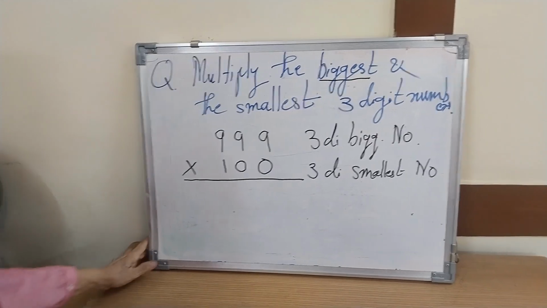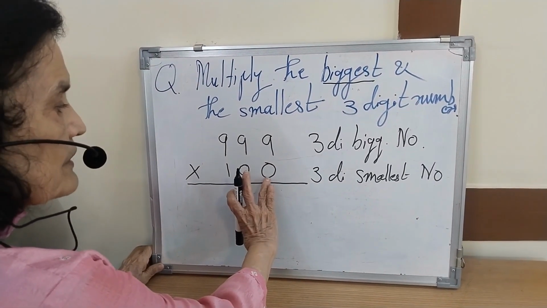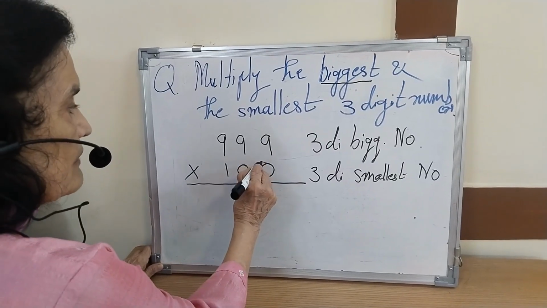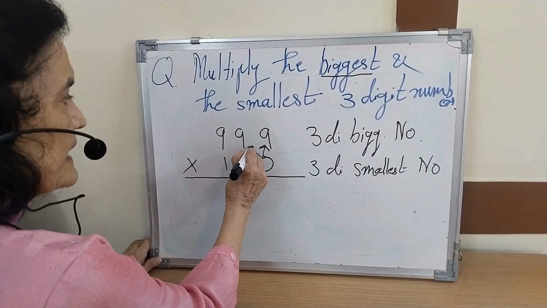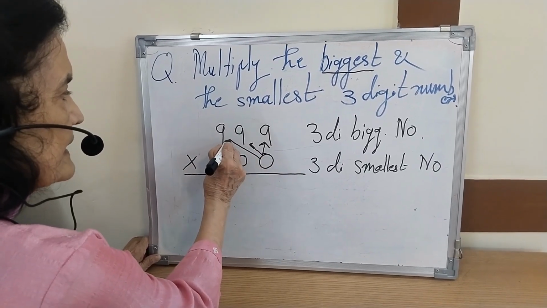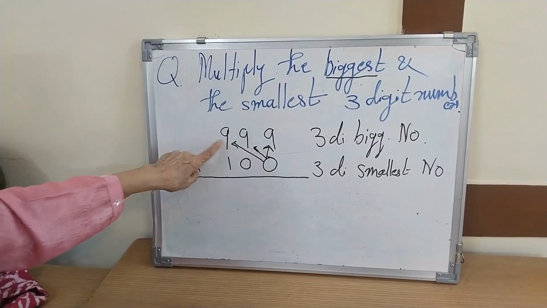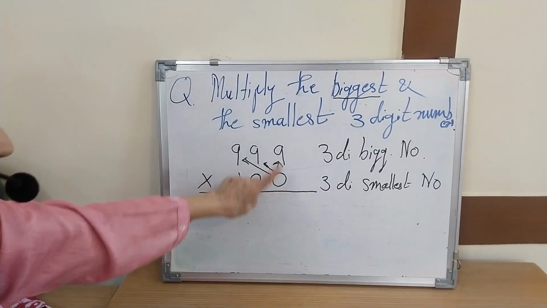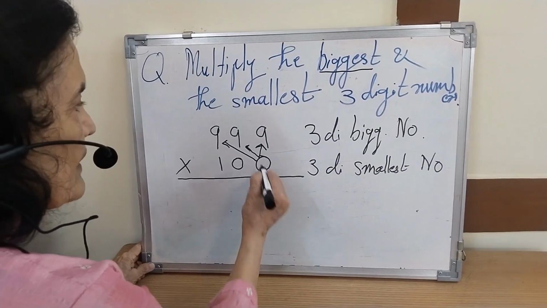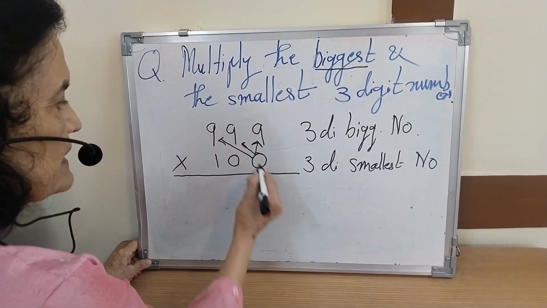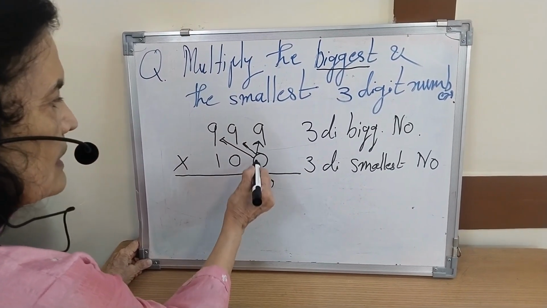So here we go. We are going to select first this unit, and we will be multiplying it with this one first, then this one, and then this one. But we know that anything multiplied by 0 comes to 0 only. So multiplication of this will turn into 0.